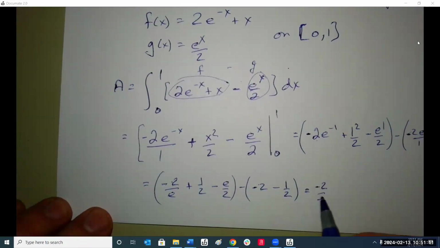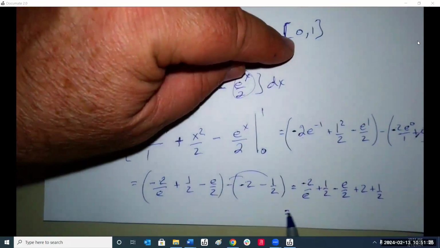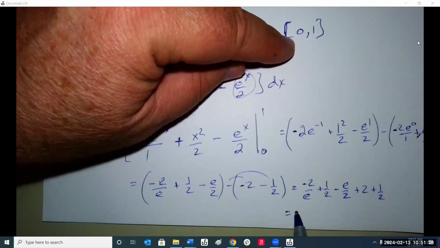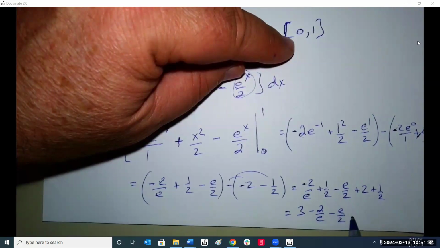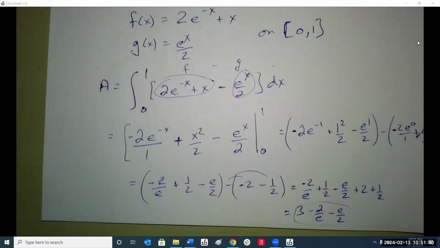So it's negative 2 over e plus 1/2 minus e over 2, distribute that, plus 2 plus 1/2. 1/2 plus 1/2 is 1, plus 2 is 3, minus 2 over e, minus e over 2, whatever that equals. Examples we got, 7. All right, we're almost there.